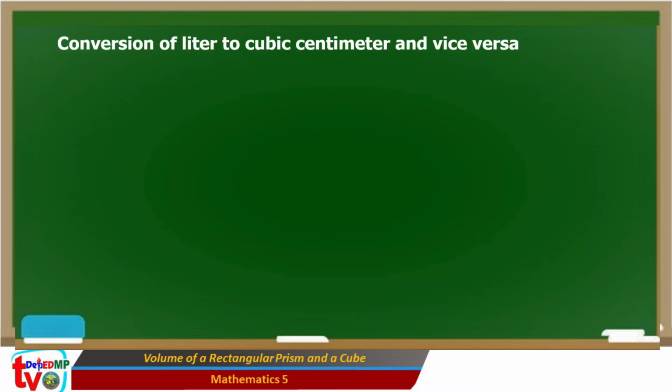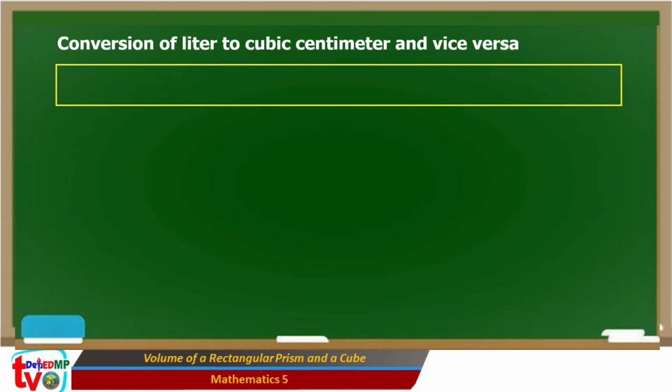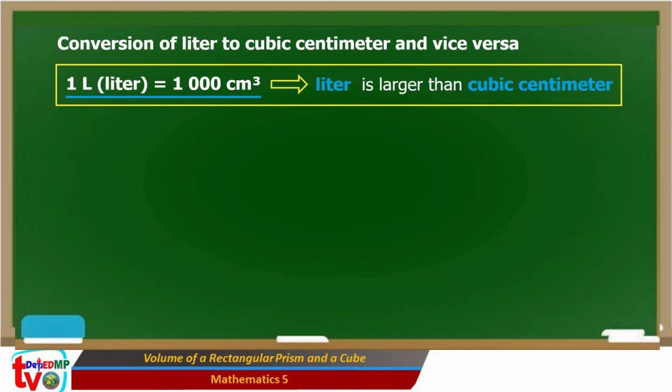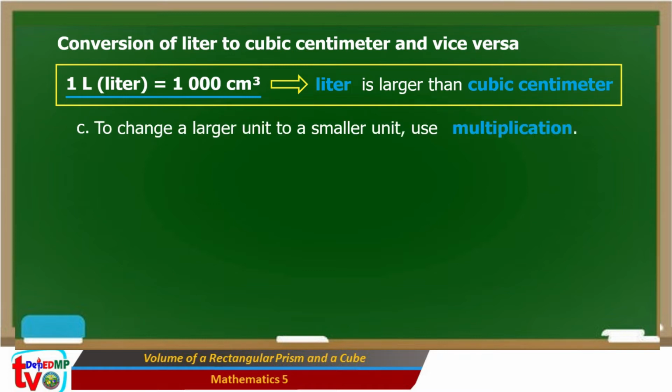Next, in converting liter to cubic centimeter and vice versa, remember that 1 liter is equal to 1,000 cubic centimeters. Liter is larger than cubic centimeter. Again, to change a larger unit to a smaller unit, use multiplication. Example, 5 liters equals blank cubic centimeters.